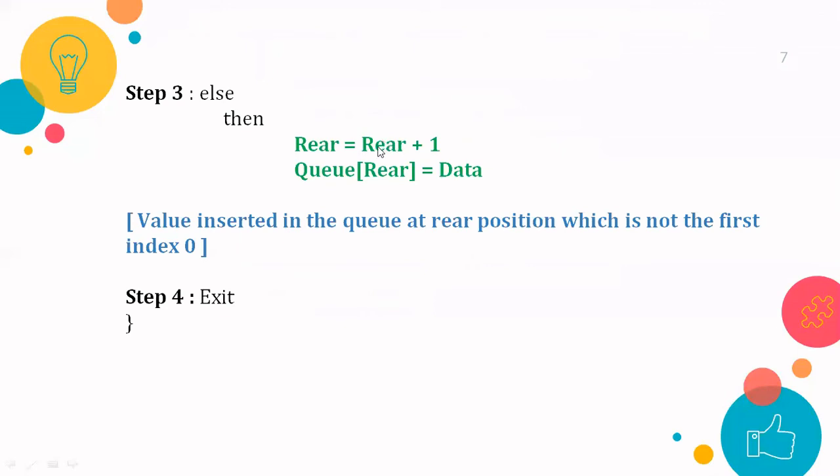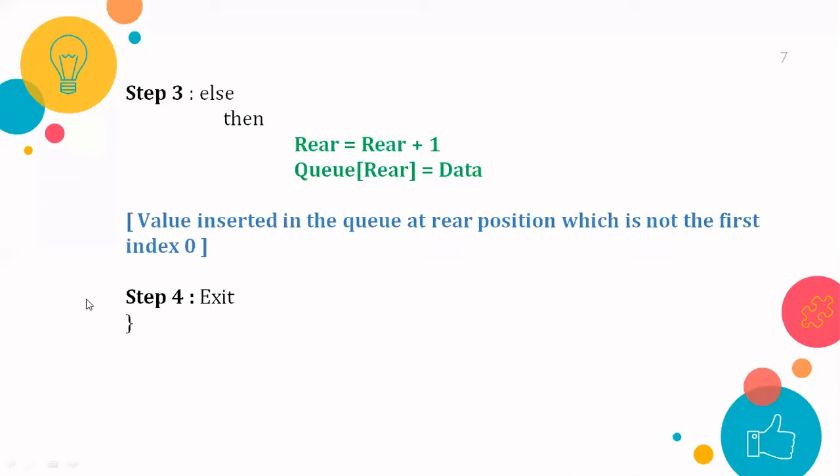So it will be 3 plus 1, and the new rear will be 4. So at queue of 4, the new location, the data will be inserted. This is a value inserted at the rear position, which is not the first index, right? After inserting an element into the queue, we simply exit the algorithm.